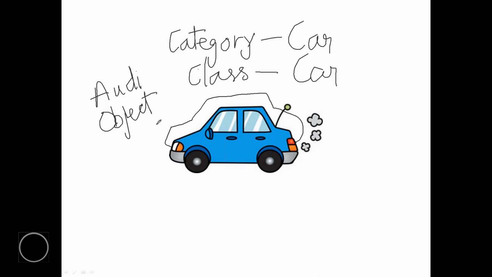Audi is a specific car, so we would say it is an object. It doesn't represent cars in general. Mercedes is a particular manifestation of a car. It is not a general car. It is a specific car we're talking about. So according to Java, that is an object.